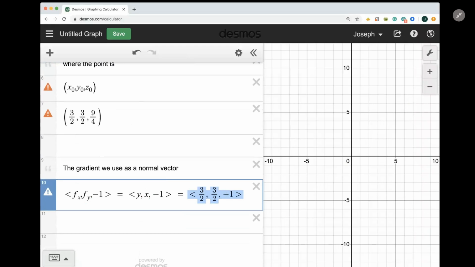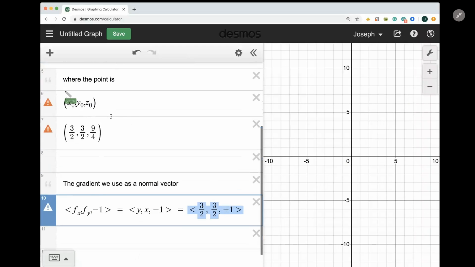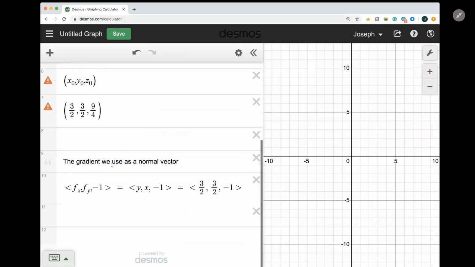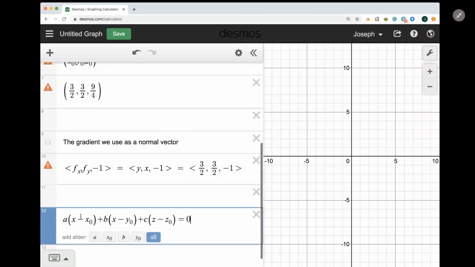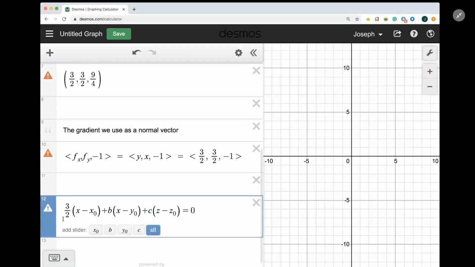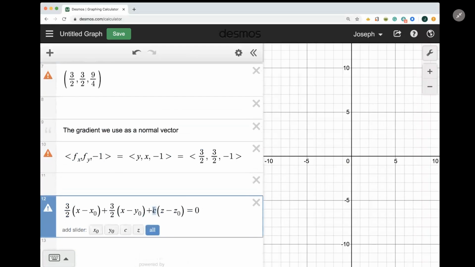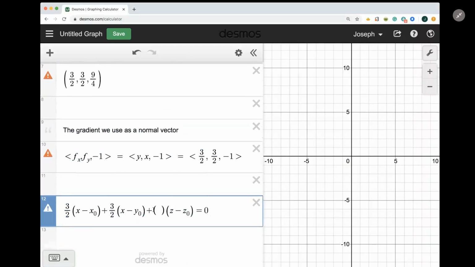So now we're ready to just plug right into our formula that we use to define a plane. And this can actually be shown on many tools, but we saw that A was 3/2, B was 3/2, and C was -1.